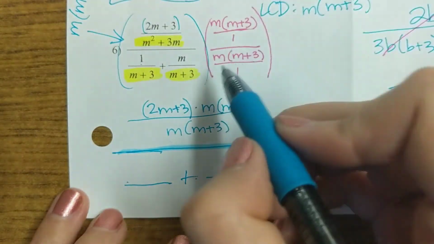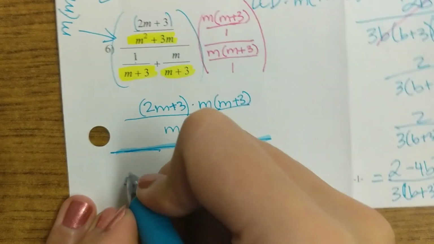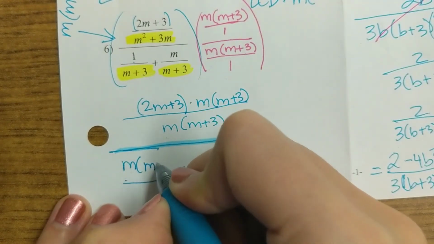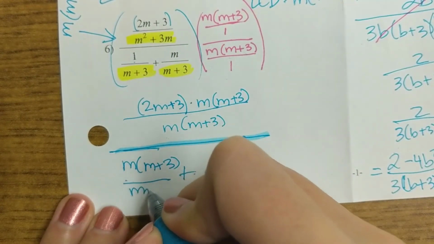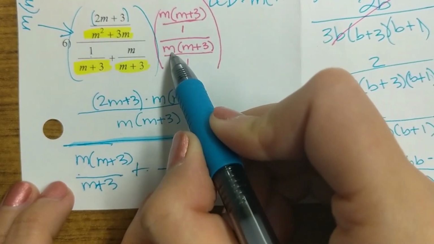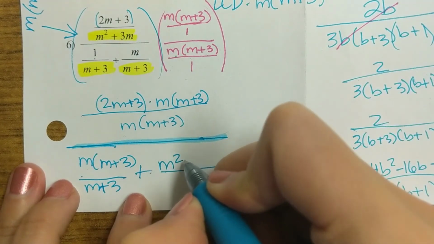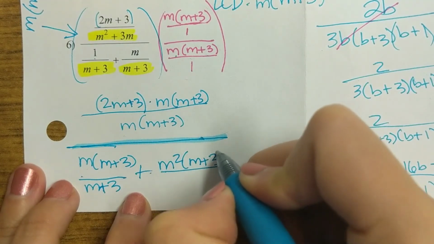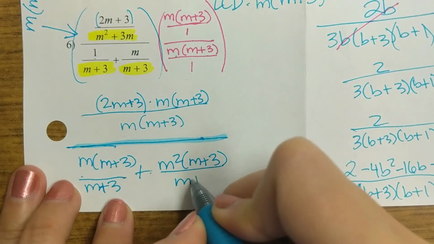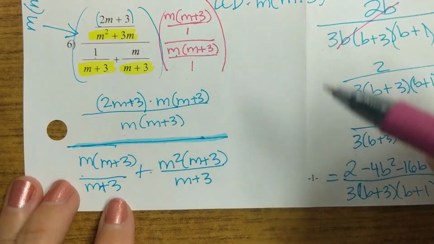When you're multiplying this in, you have to multiply it by all the pieces. So this is going to be m times m plus 3 over m plus 3. And this one will be m times m plus 3. So m squared times m plus 3 over m plus 3. And now reduce.